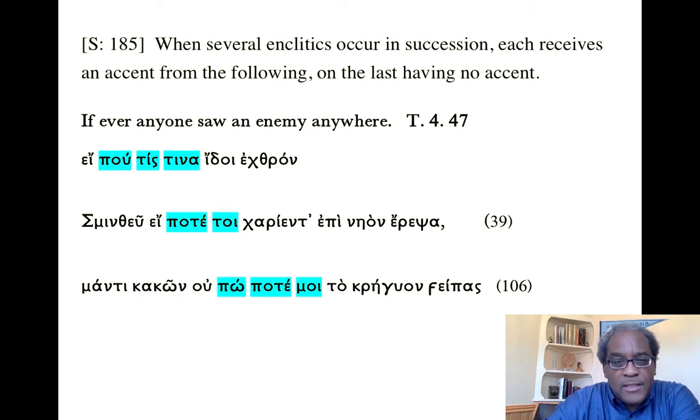I wonder if I should actually have an accent on the ou here. I'm going to have to look at that, I'm sorry. But do notice that pou pote moi: pou retains its accent, pote retains its accent, both getting it from the following one, but moi does not have an accent. So I'll have to check the text to see if that ou should even have an accent, because it is a proclitic followed by an enclitic, so you would think it would.